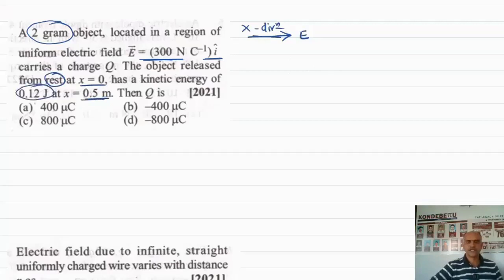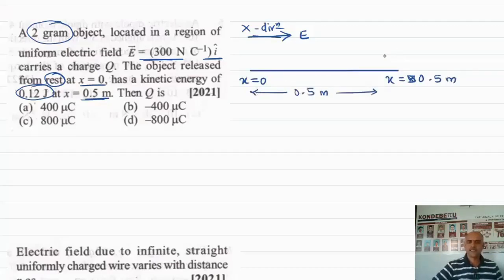Just for understanding, here x equal to 0, here x equal to 0.5, this distance is 0.5 meters.